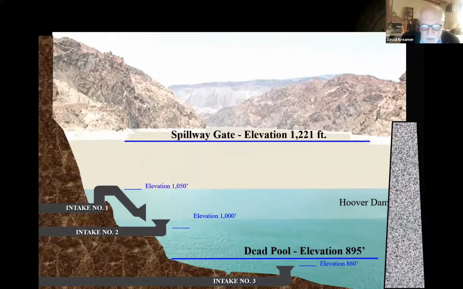As the water would decline to 1,000-foot elevation, the intake number 2 would be gone. In recent years, a third intake was drilled and tunneled to be able to get water from a deeper depth, but again, at essentially about 895 feet above sea level. As the lake were to decline, that would also become inoperative and what we call dead pool. Water could no longer go through Hoover Dam and generate power.